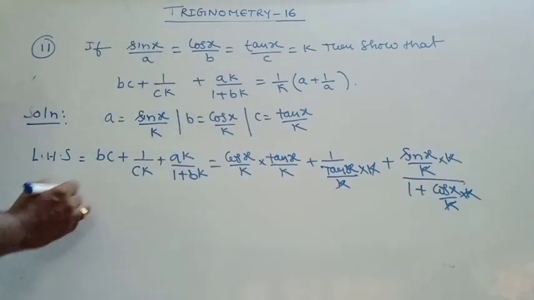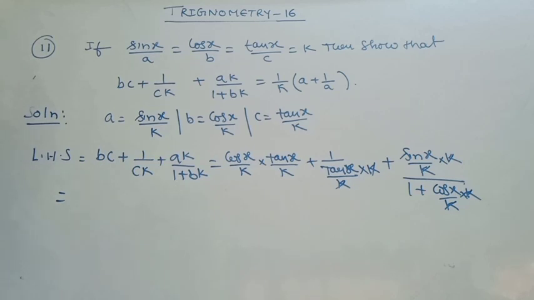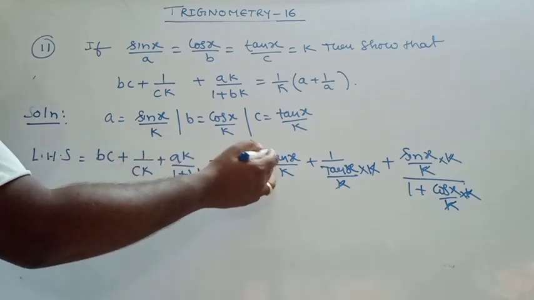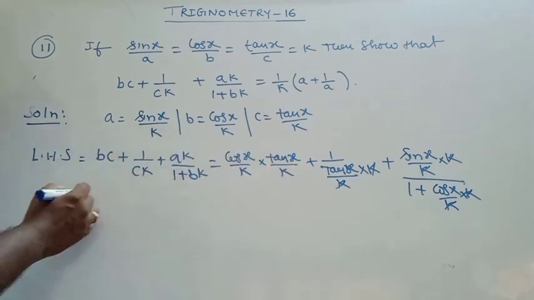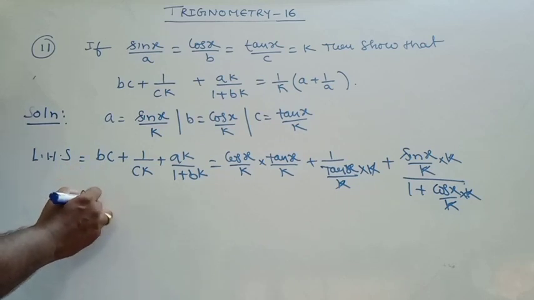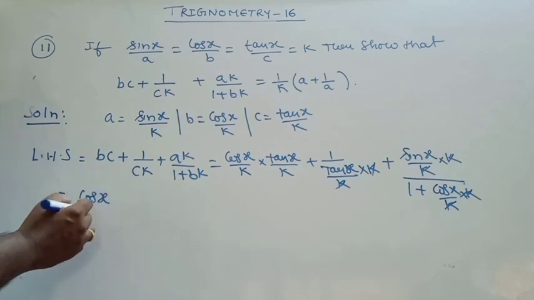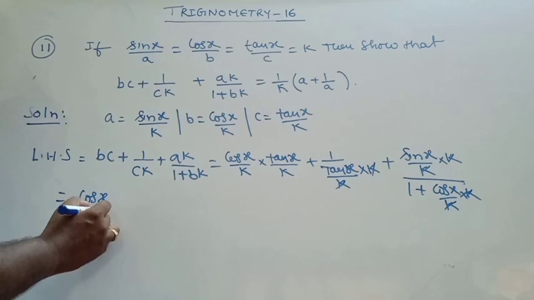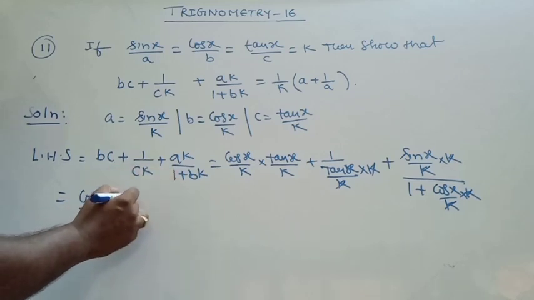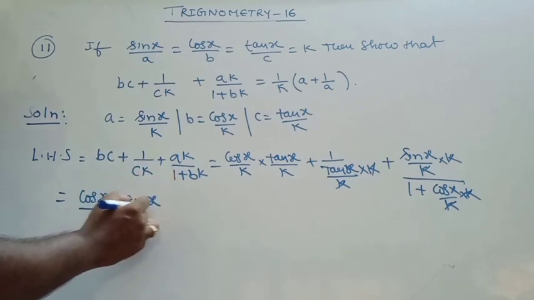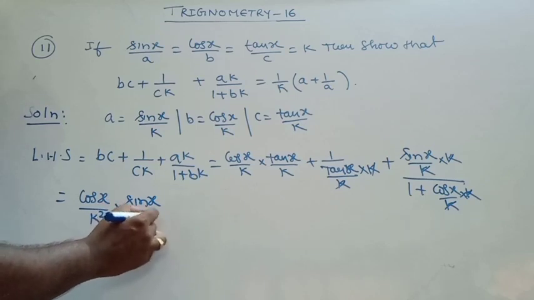Now see here, beautifully we have got cos x into tan x equal to sin x by cos x. Now this becomes cos x by k into k, that is k square, into sin x by cos x, right? Wonderful.